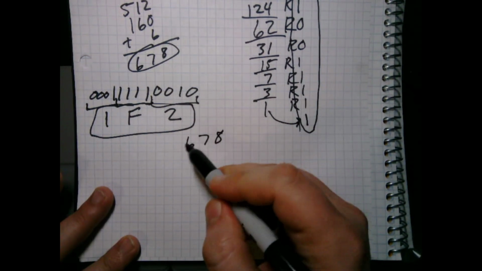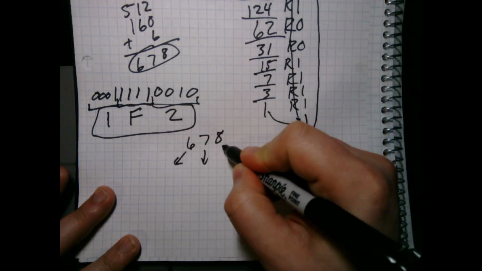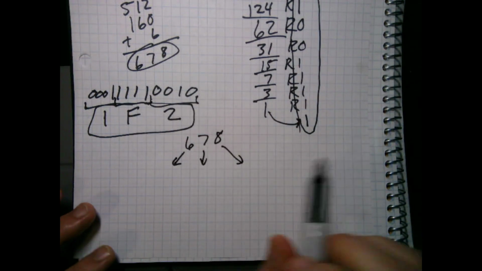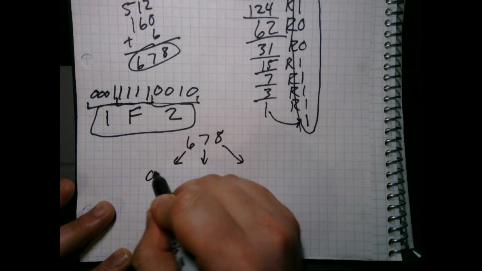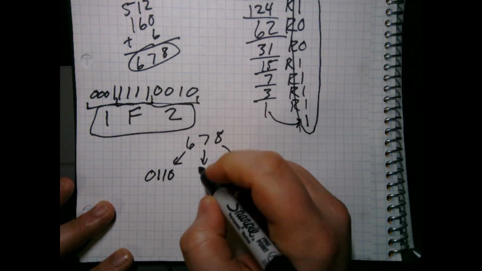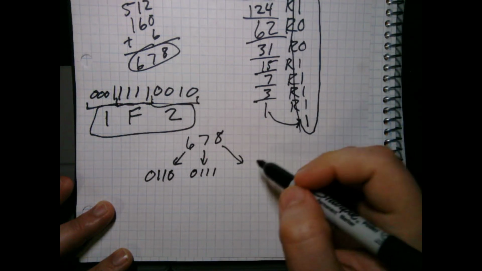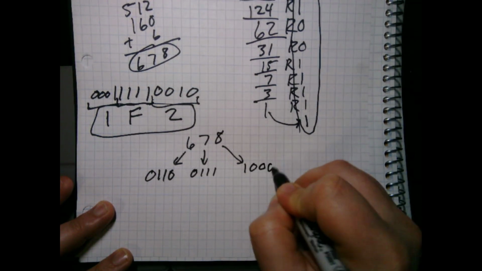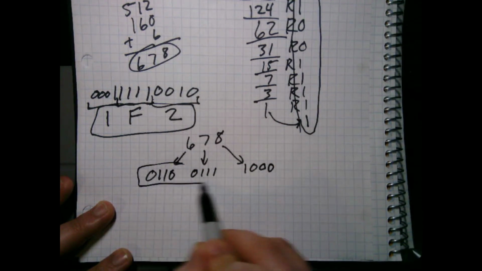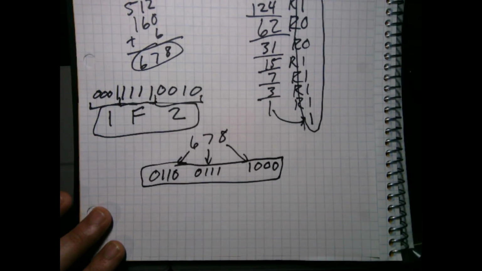Actually pretty simple, because all we have to do is convert each single digit into 4 bits. 6 converted into 4 bits is 0, 1, 1, 0. 7 converted into 4 bits would be 0, 1, 1, 1. And then 8 converted into 4 bits is 1, 0, 0, 0. And then we just combine all those together to get our full binary coded decimal number, BCD number.